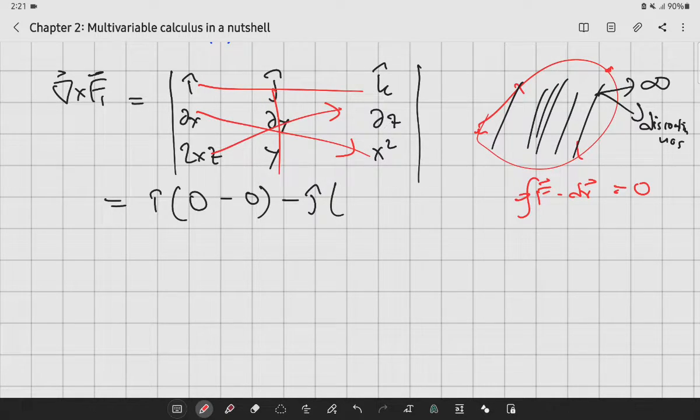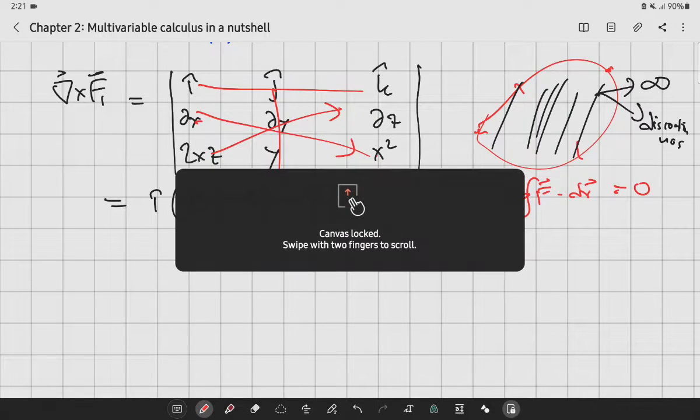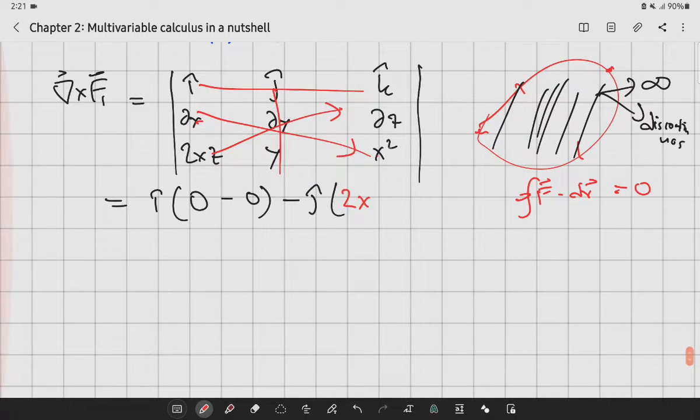The product of these two: partial x of x squared is 2x, and partial z of 2xz is going to give me minus 2x, because this is subtracted. This is again 0. And similarly, if I take the k-th component, we just erase these things.